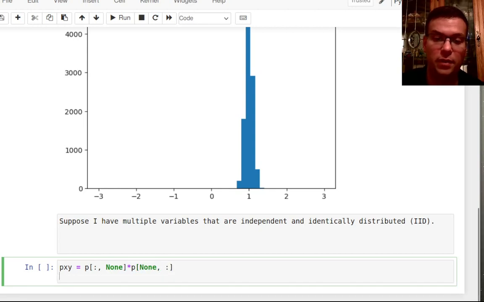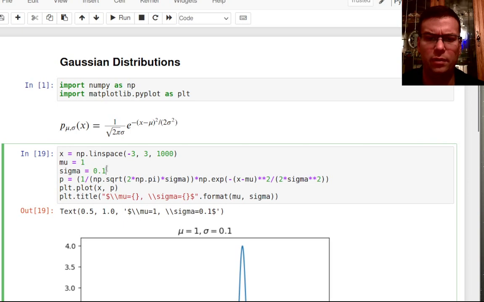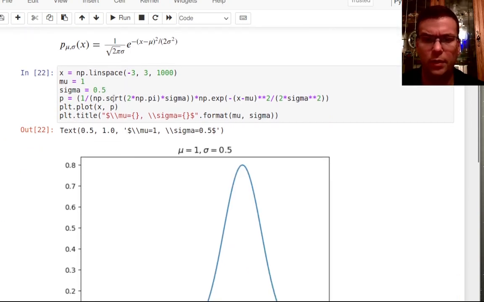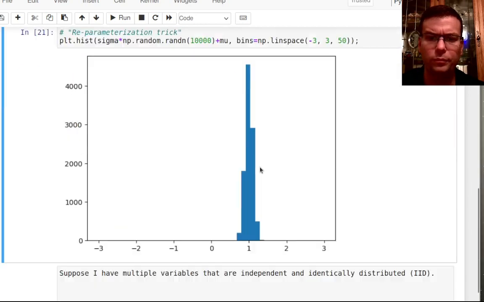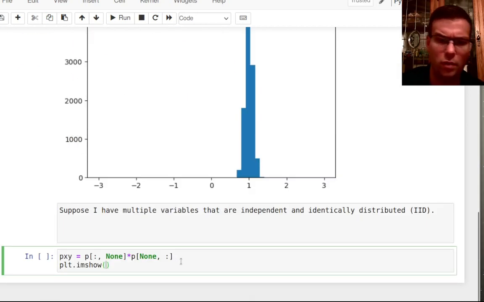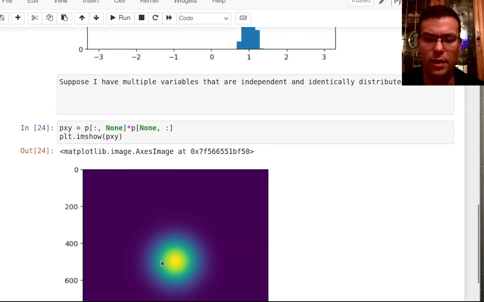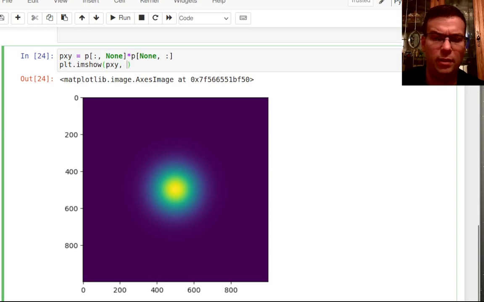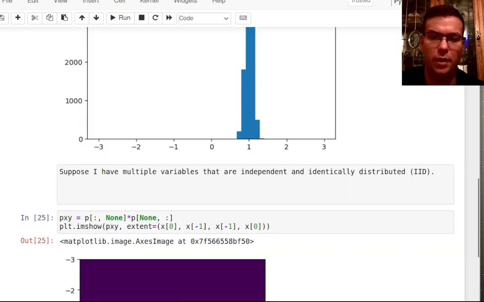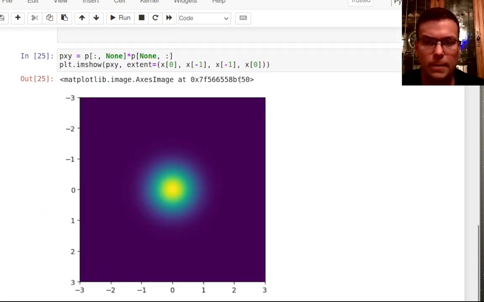If I were to look at this as an image, and actually let me get to a bigger standard deviation again, maybe 0.5, and I'll move the mean back to 0 again. Then I would see this kind of an image. And let me get my labels right here.